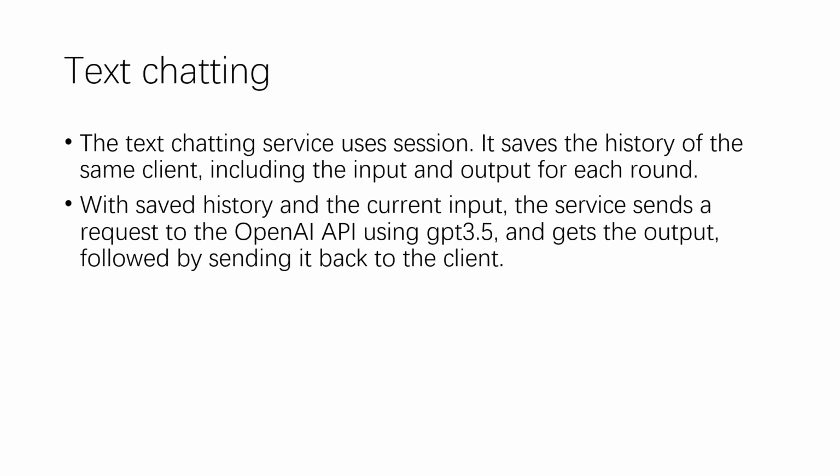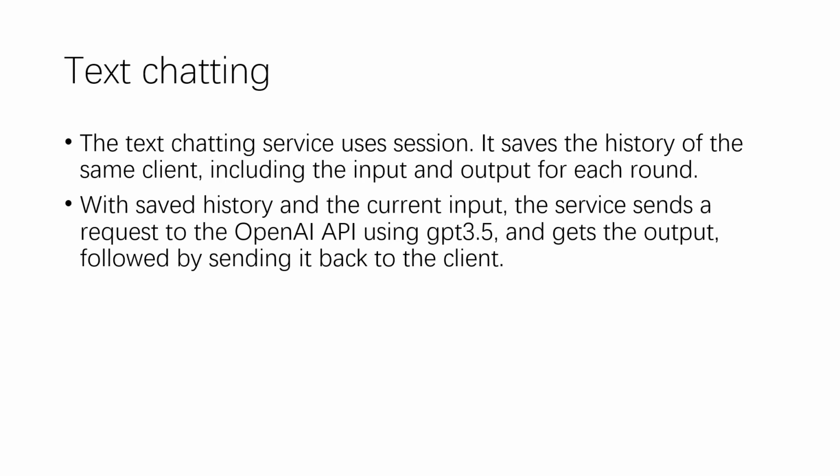The second service is text chatting. It is used to interact with the bot in forms of text. The text chatting service uses session, which means it saves the history of the same client, including the input and output for each round.